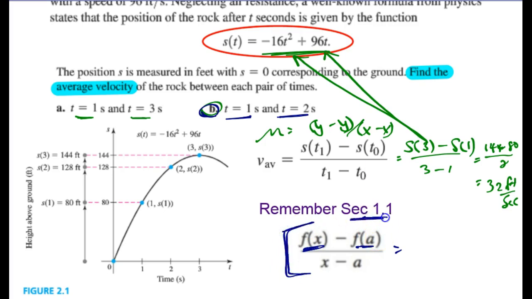In fact, if you look at section 1.1, this is the definition that we were using. You might not have known why we were using it, but we are. But again, s at 2 minus s at 1 all over 2 minus 1 is 128 minus 80 all over 1, which is about 48 feet per second.